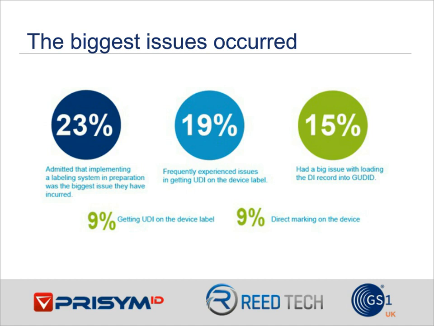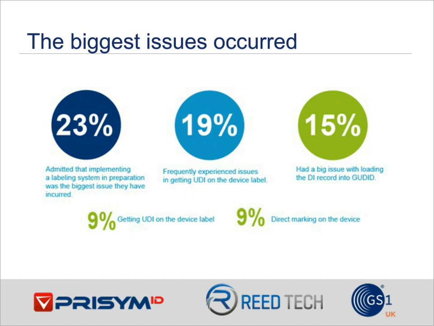And as you can see, compared to 39% in the online poll that we just took, 23% felt that implementing UDI had the biggest impact on their labeling system, label design, content, followed by submitting the UDI data to the FDA GUDID system.